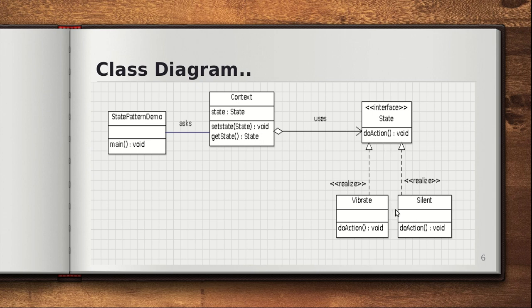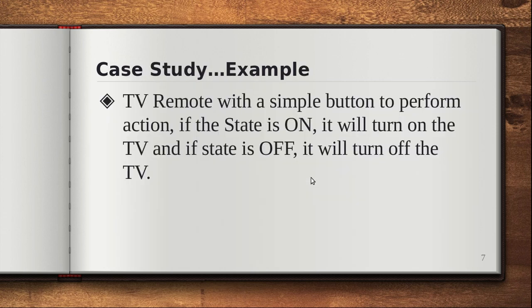These are the concrete states. In the state pattern demo we are using the main method. That means this is the client code or the main code, and through this we call all of this diagram or program.